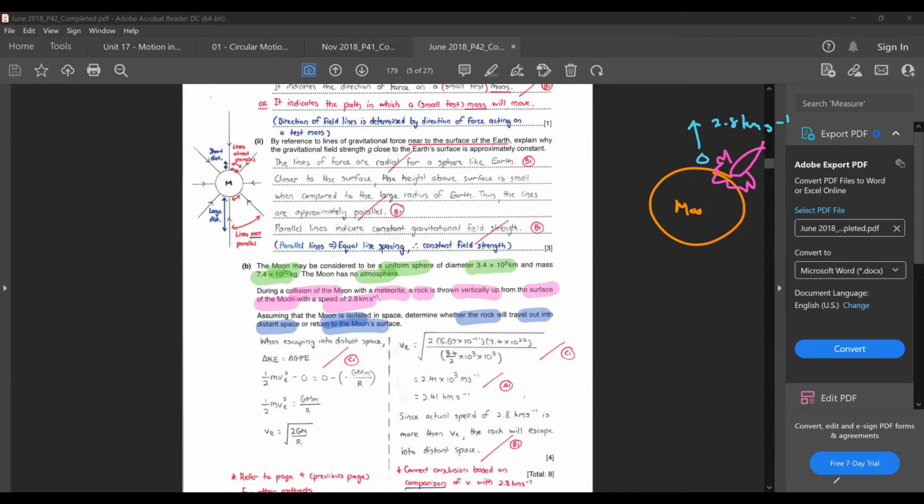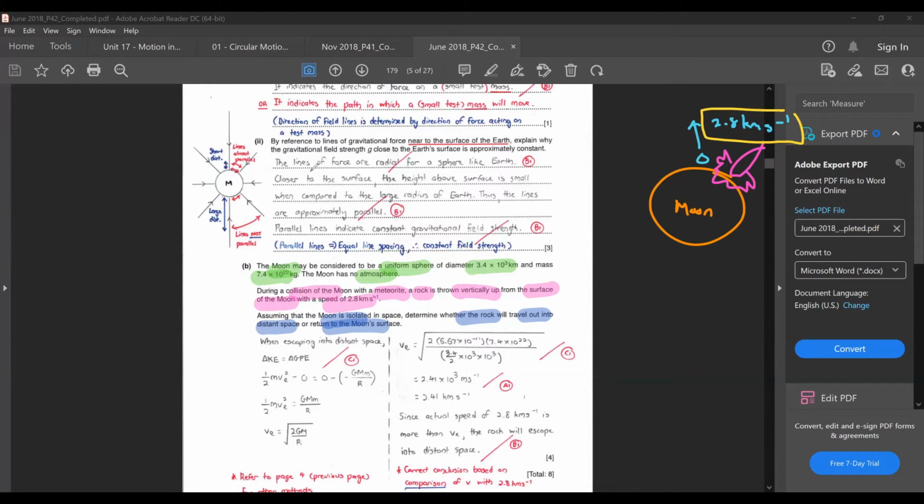So in the last lesson, it was mentioned to you before that for any objects to fly away into outer space without going back into the planet itself, you actually need to have a certain minimum speed called escape speed. So here what you really just want to do is to find out the escape speed and then compare it with the actual speed here.